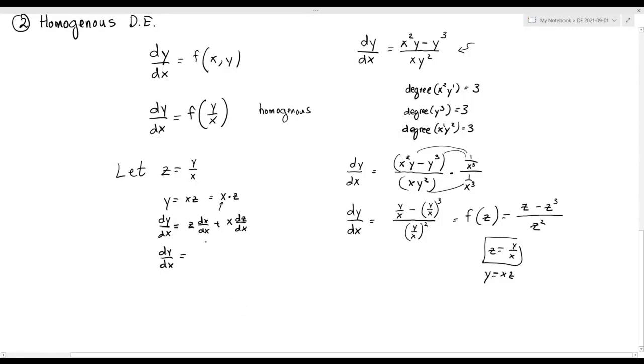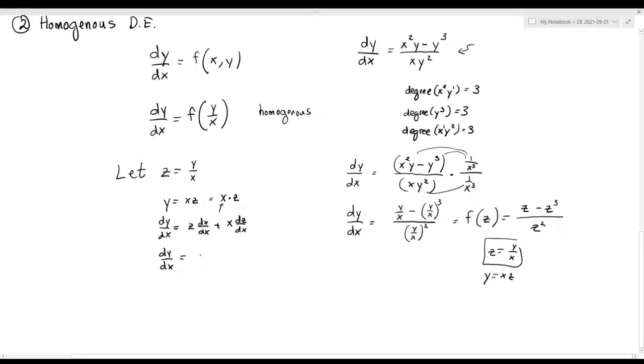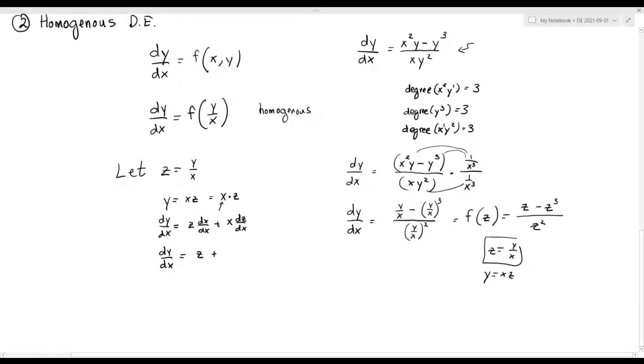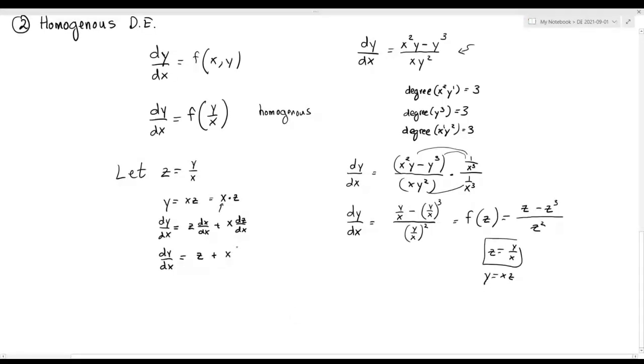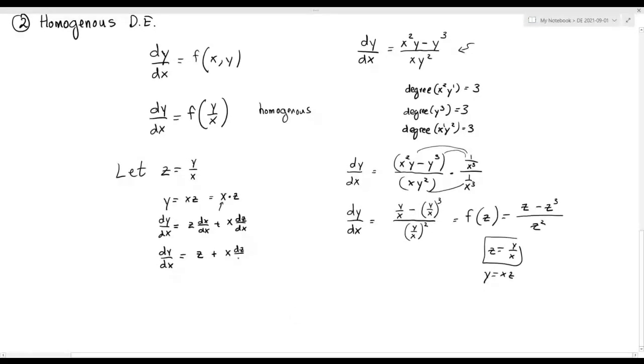Now the derivative of x with respect to x here is of course 1. And since y is an unknown function of variable x, z is also unknown. So the best we can do over here is just leave this as the derivative of z with respect to x, since we don't know exactly what kind of function z is.